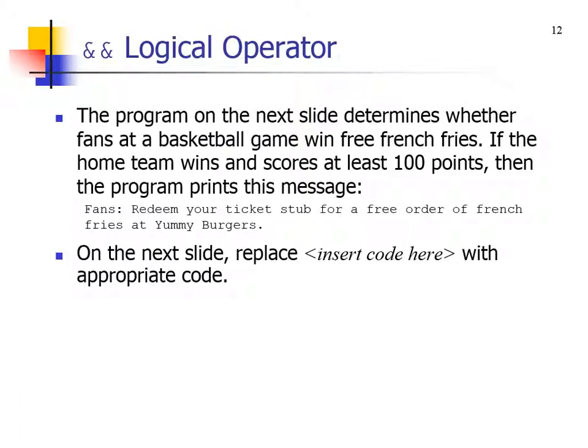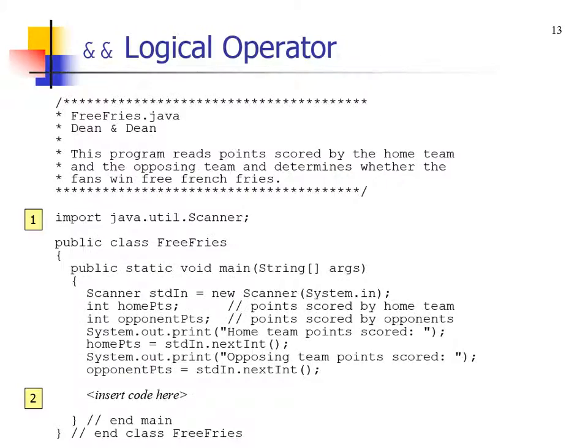The program on the next slide determines whether fans of a basketball game win free French fries. If the home team wins and scores at least 100 points, then the program writes a message: Fans, redeem your ticket stub for a free order of French fries at Yummy Burgers. Okay? Let's insert code here. So we've read it in. Ask them how many home team points and how many visiting team points.